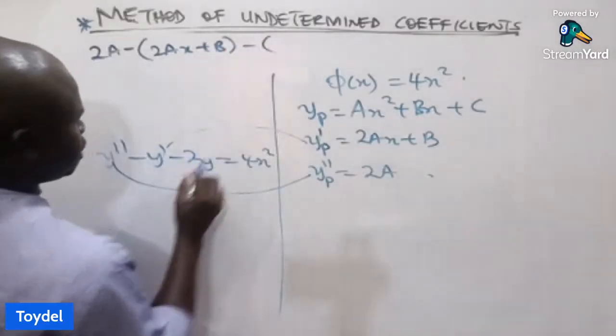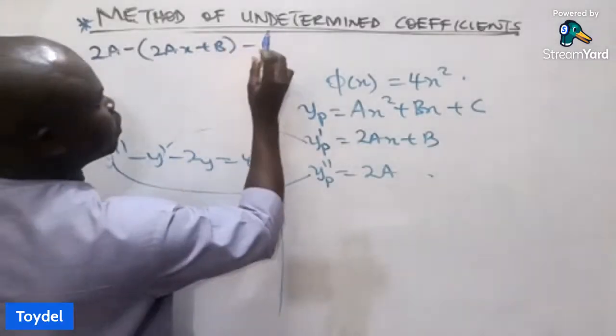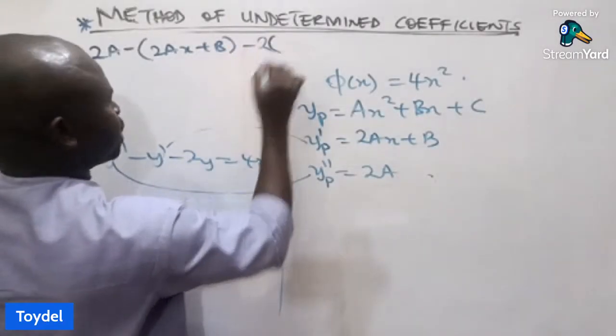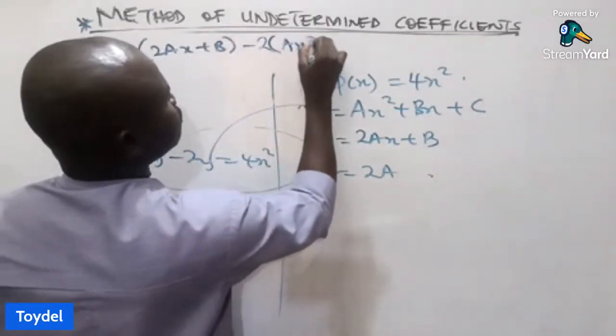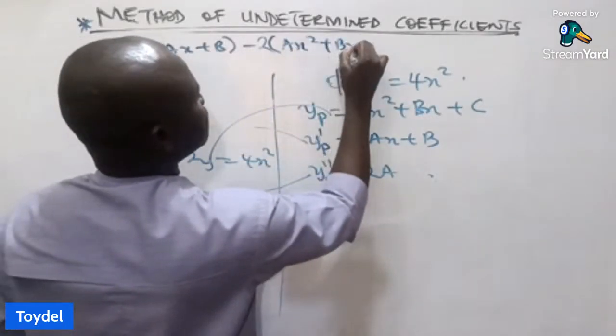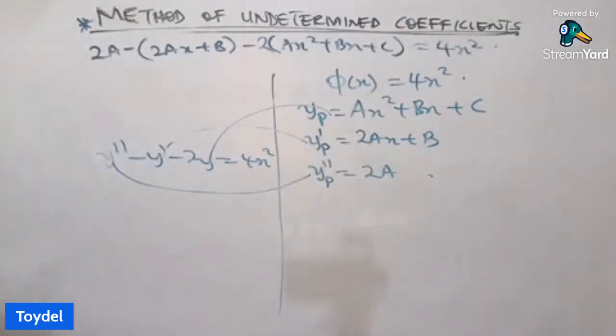Then minus 2 into brackets, I'll substitute for y: ax squared + bx + c, is equal to 4x squared. So that is what we are going to get.